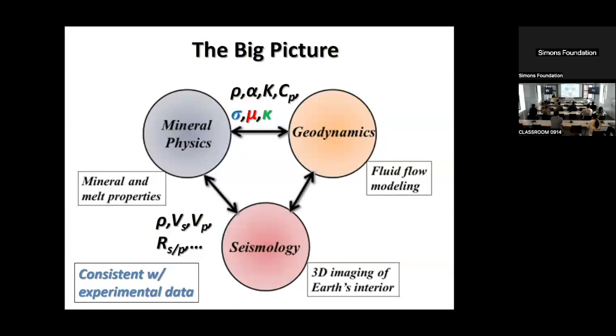We have samples, diamonds, coming from about 410 kilometers depth. These are kimberlite pipes, explosive volcanoes in South Africa, for example. We see diamond inclusions, and that's what comes from 410 kilometers.